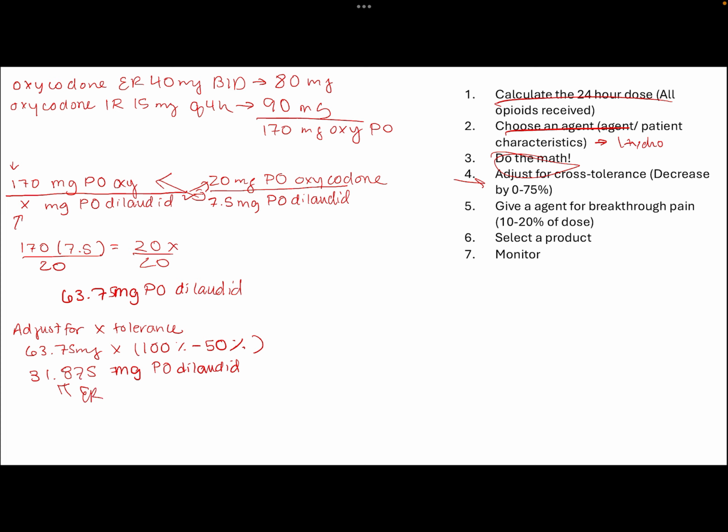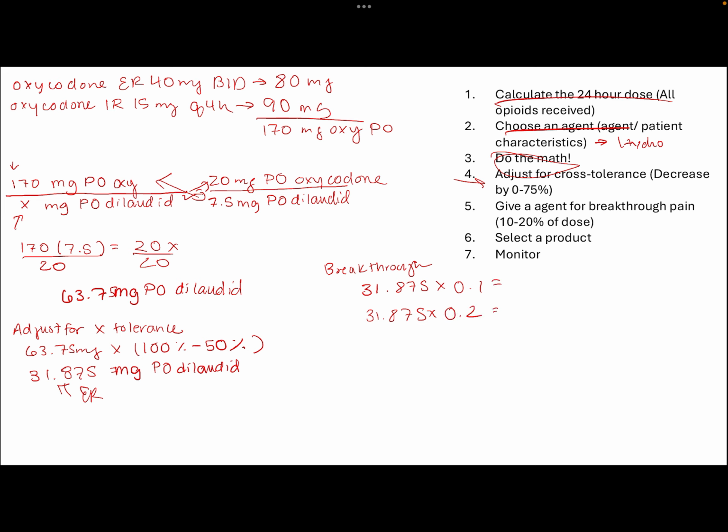Okay, so let's also do our agent for breakthrough pain. So we're going to take this 31.875, and then this is for breakthrough, times 0.1 or 10%, times 0.2 or 20%.